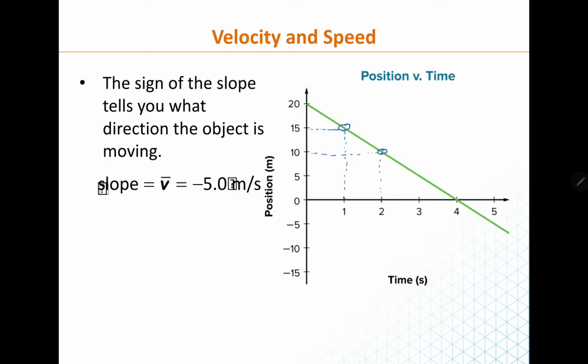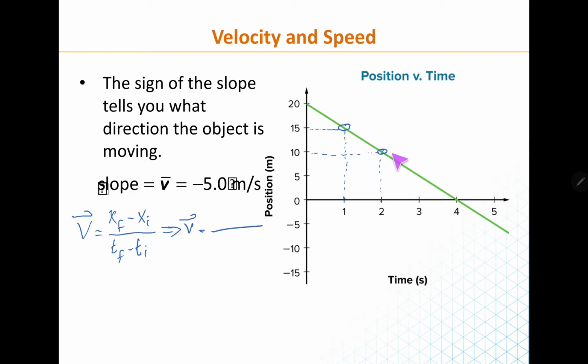So in the beginning, we should write our equation, which is v equal to x final minus x initial over t final minus t initial. After that, we will write our numbers.